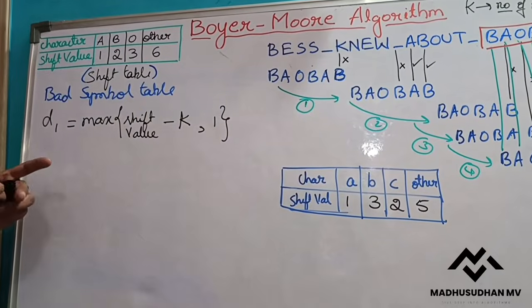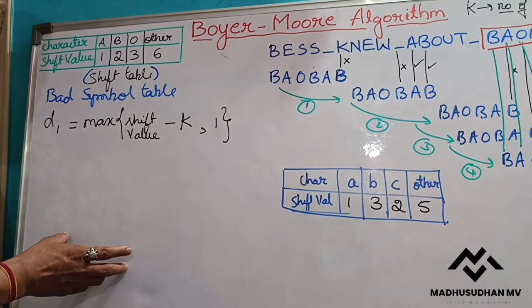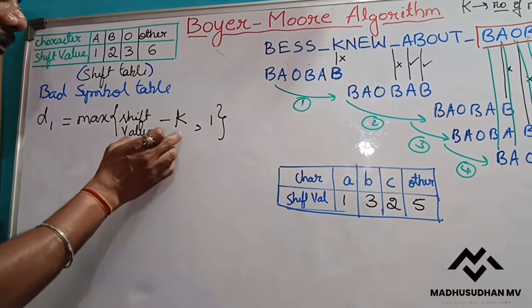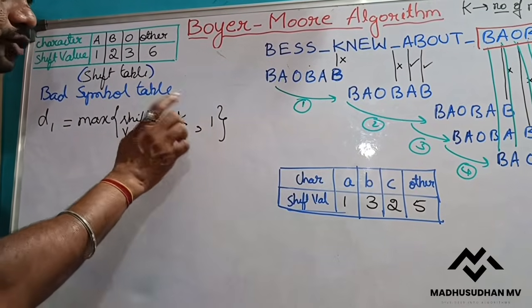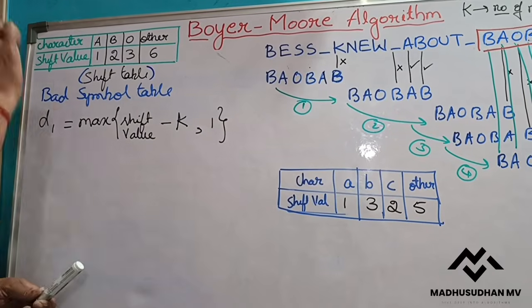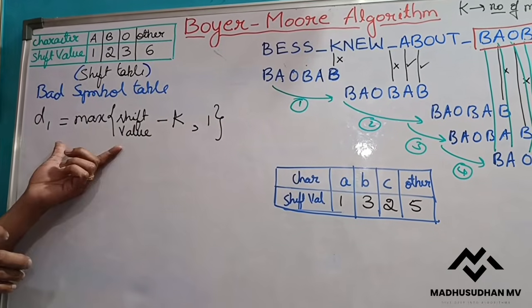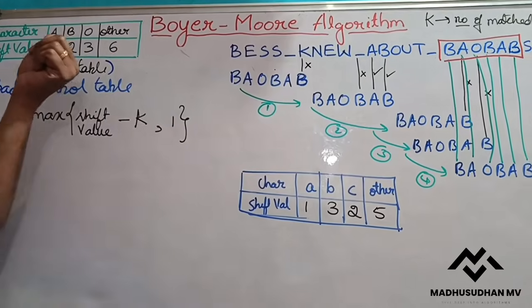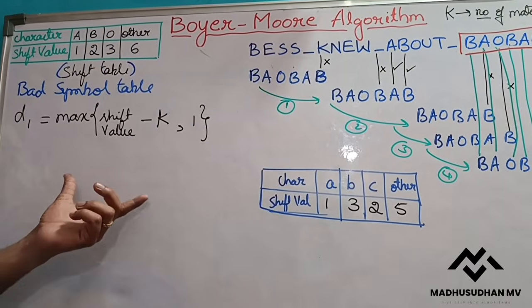Suppose I got minus 1 or 0; then this is 1. Whichever is the maximum, I take as d1 from the shift table. This is the slight change Boyer-Moore makes to the shift table generated by the Horspool algorithm.